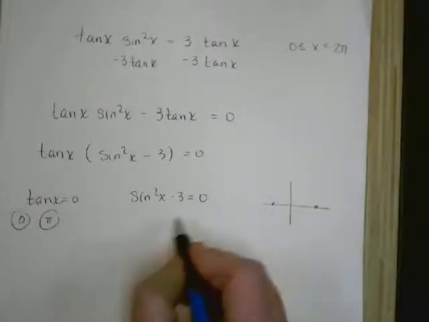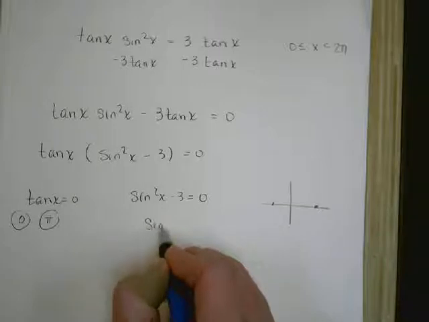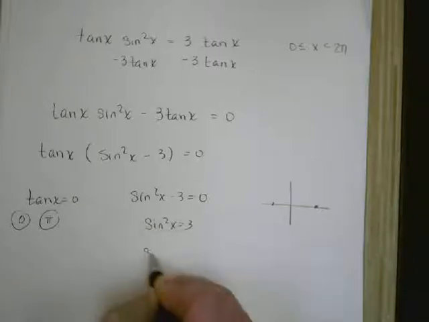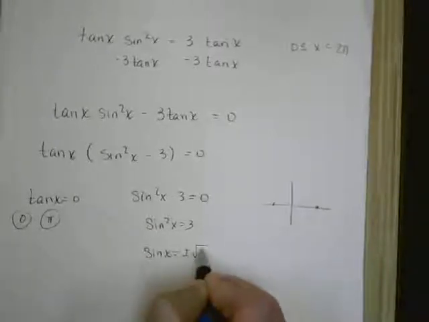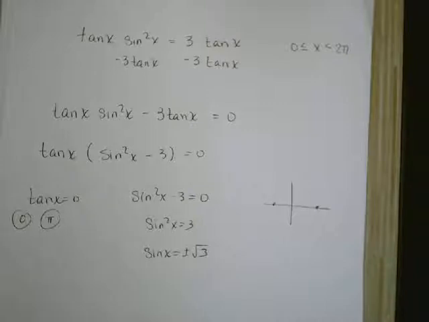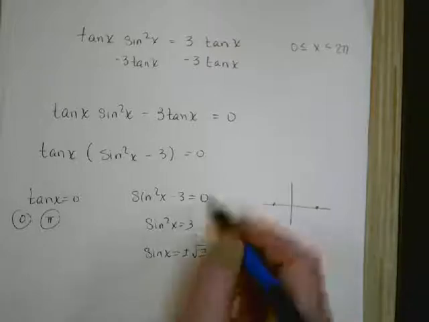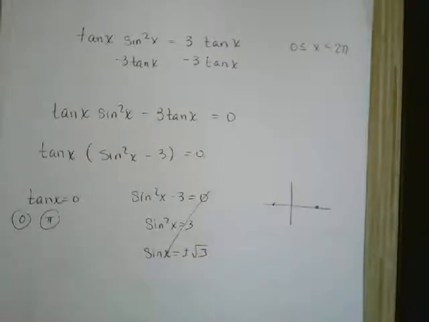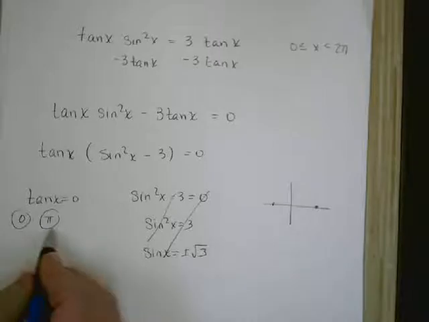Sine squared minus 3. So sine squared x is 3. So sine of x is plus or minus the square root of 3. Well, let's see. Square root of 3 is bigger than 1. Sine can never be bigger than 1. So these don't yield any answers. So my two answers here are 0 and pi.